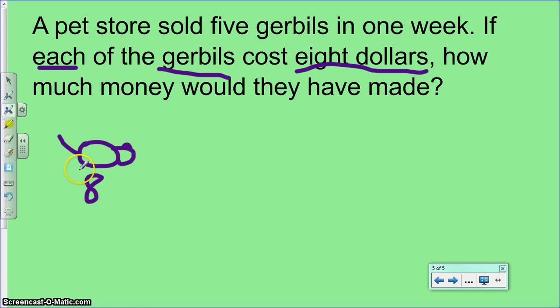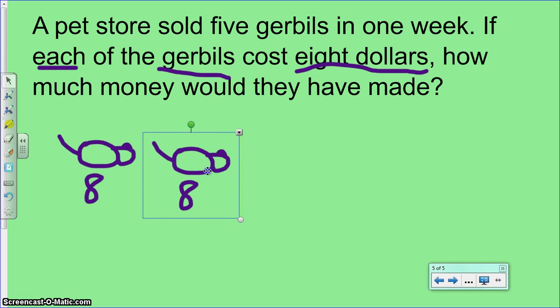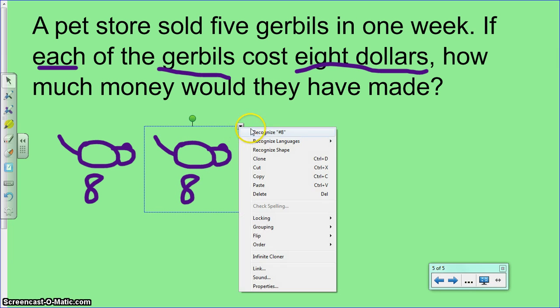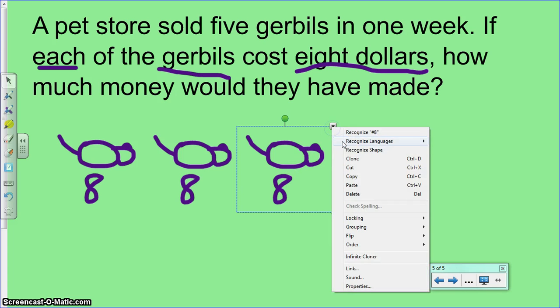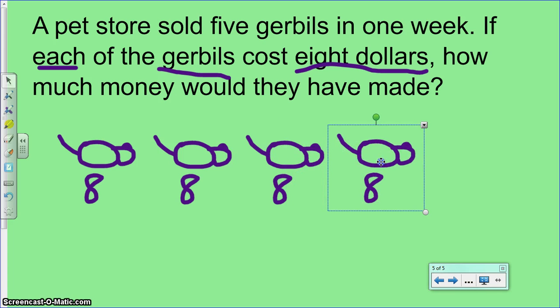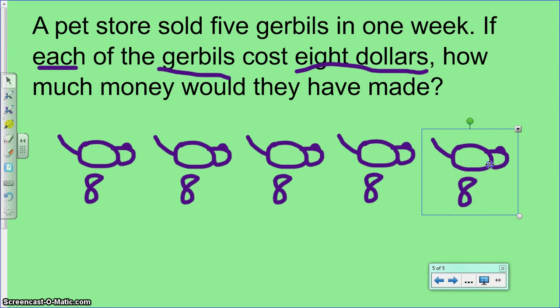So every gerbil, like I said down here, costs $8. And they sold 5 of them. So there's 2, 3, 4, and 5. So each of my gerbils is like an equal group of $8, because I got to pay $8 for every gerbil. So they sold 5 of them.